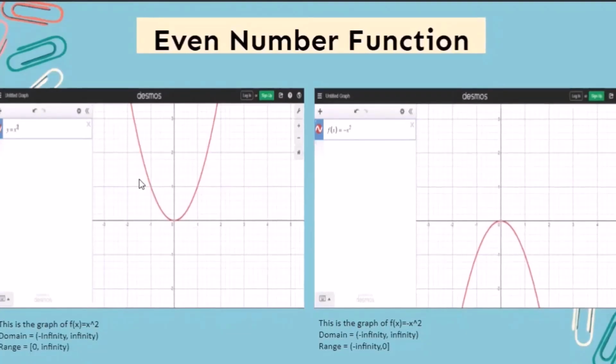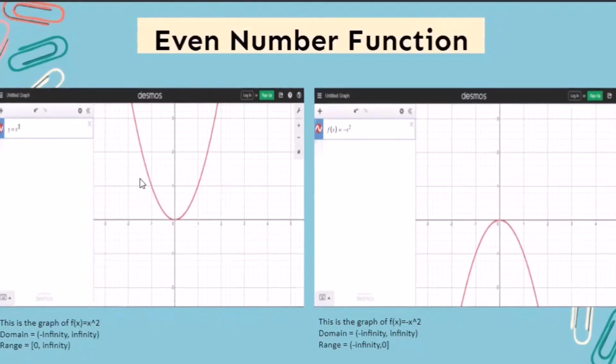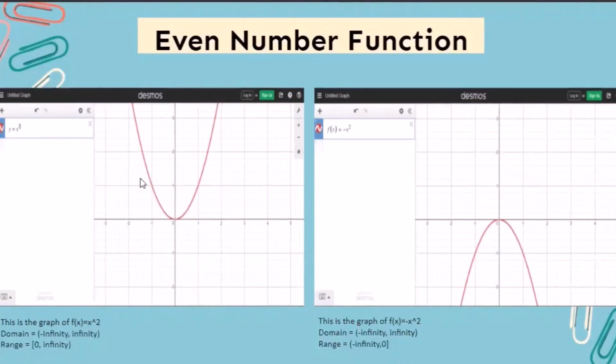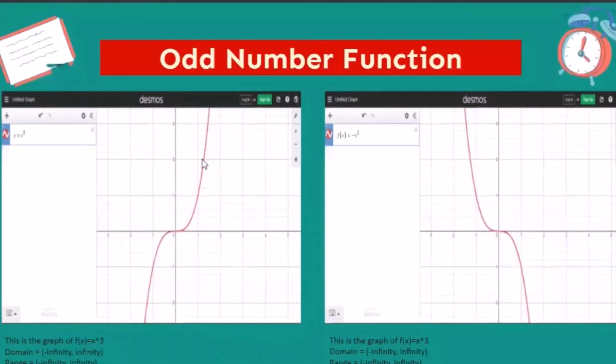This is the graph of f(x) equals minus x to the power of 2. It makes a curve that goes down, which is the opposite of the positive function, and the domain is minus infinity to infinity, and the range is minus infinity to 0.